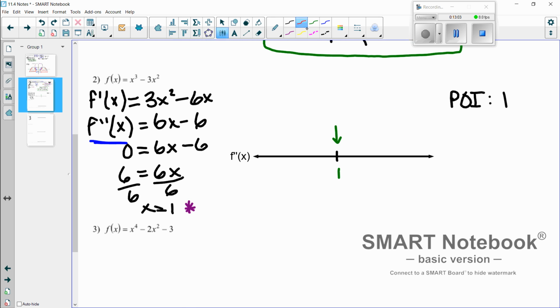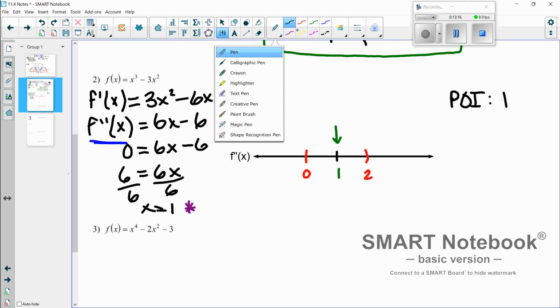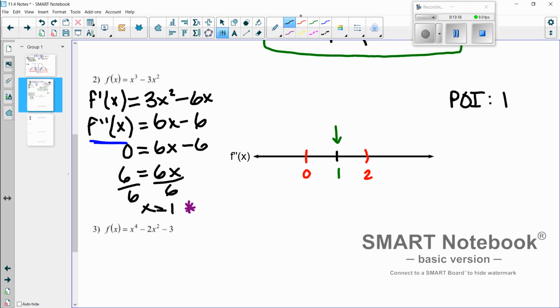I'm going to pick 0, and I'm going to pick 2. Those are the two numbers we're going to plug into our second derivative. You may be able to do this on your calculator or in your head, but for the sake of showing you computationally, let's just do it.